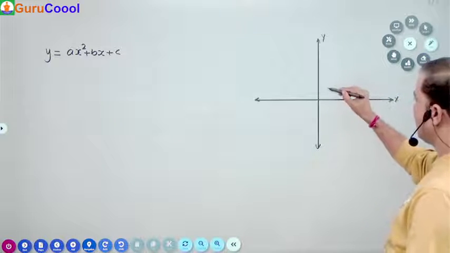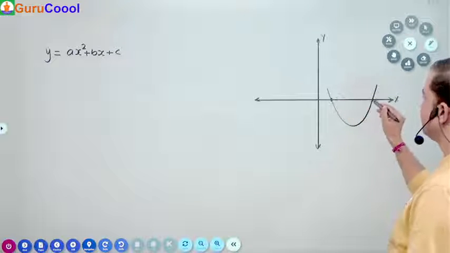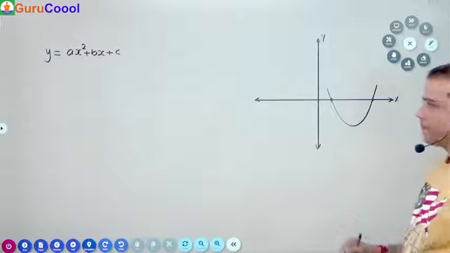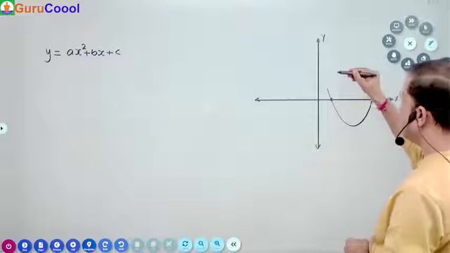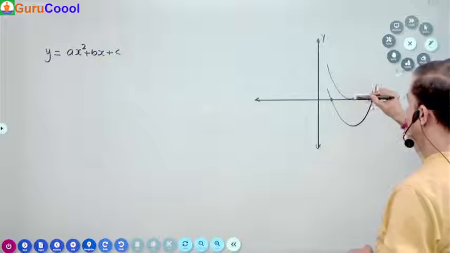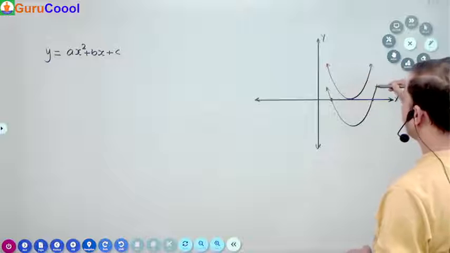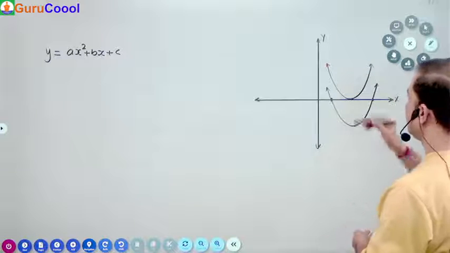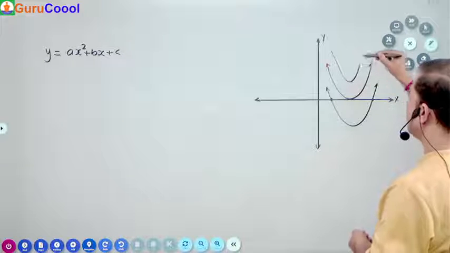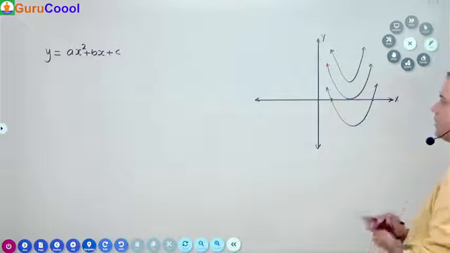First type, when it is crossing x-axis at two different points. The graph of the quadratic is crossing x-axis at two different points. The second situation may be when it is not crossing x-axis at two points but just touching x-axis at a point. And the third case may be when it is neither crossing nor touching x-axis, it is just turning up above x-axis only.